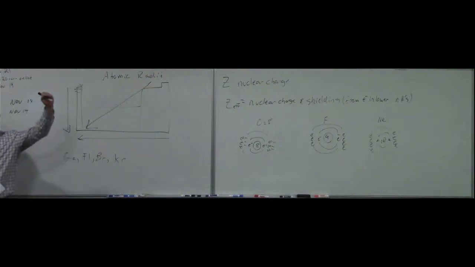So if I have two of them that are both like n equals 3, then the one that's furthest left is going to be the biggest, the one that's furthest right is going to be the smallest. You want to go, first of all, with your principal quantum number, and then you want to move left to right. So take a look at that and see what you get.